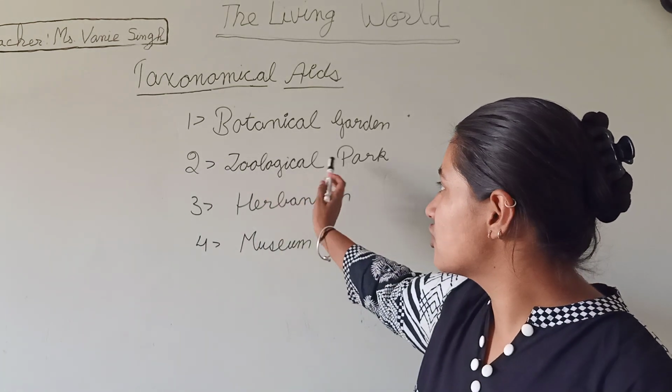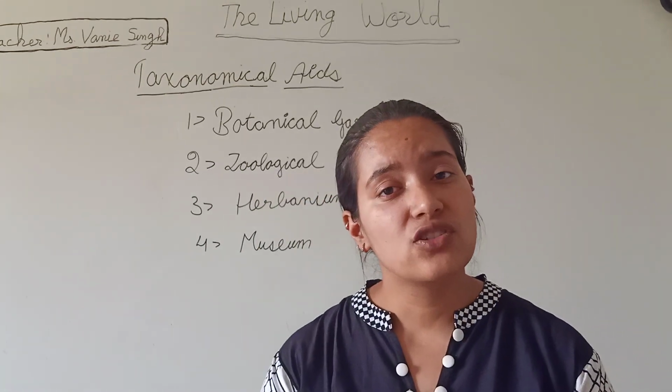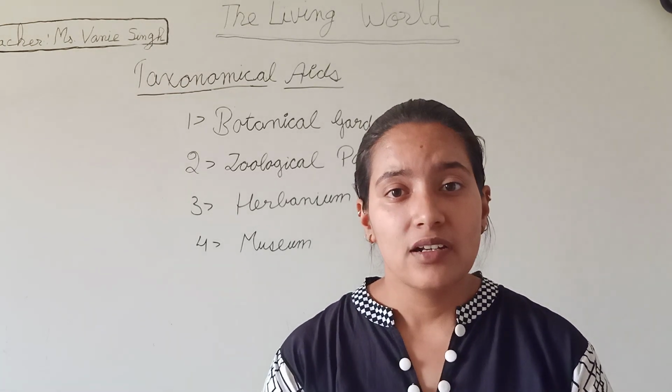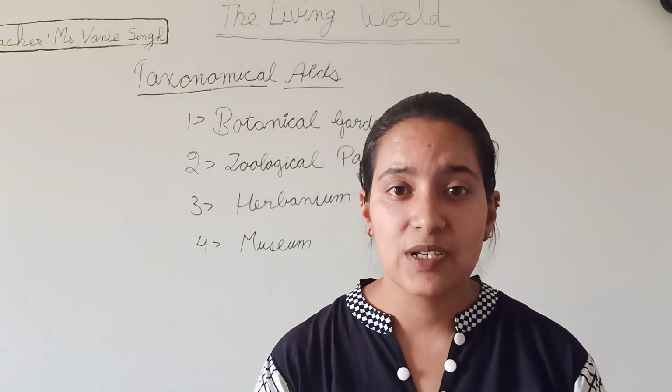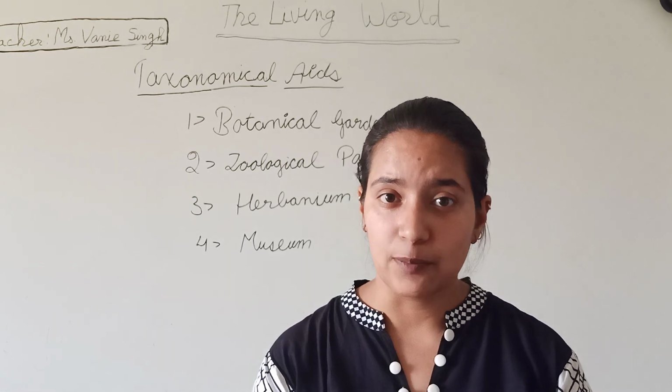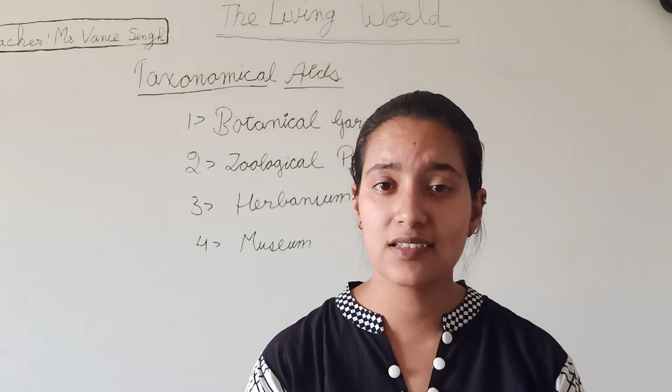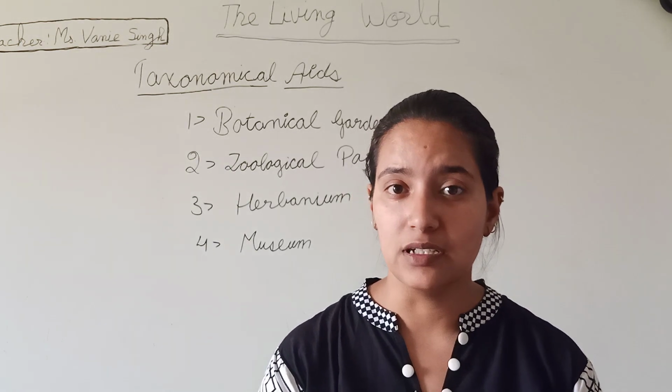Next, zoological park. What is a zoological park? It is a place where endangered species are kept. The third point will be that it is used for scientific study to educate people.